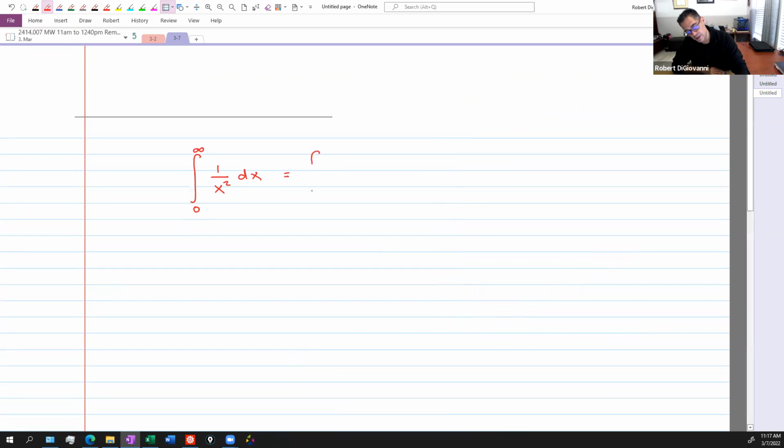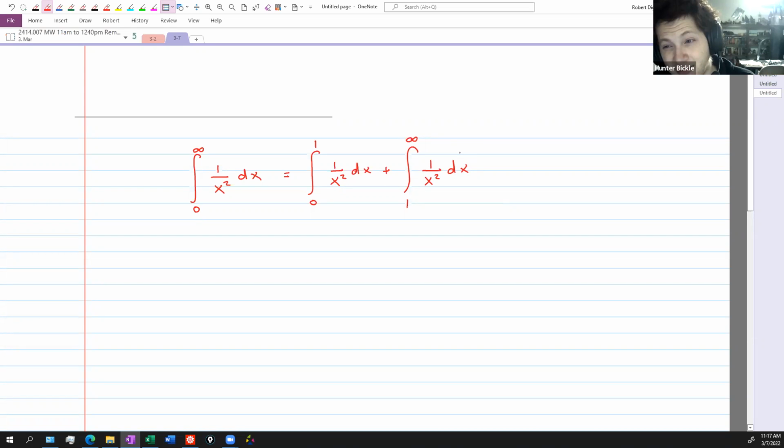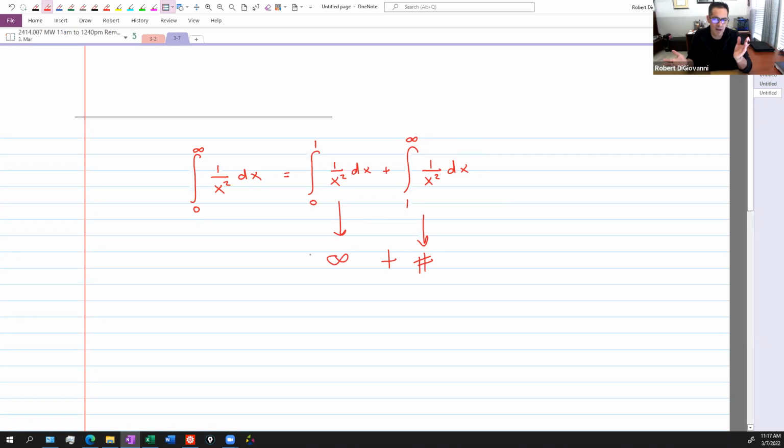You could say this is going to go from 0 to 1 of 1 over x squared dx, plus the integral from 1 to infinity of 1 over x squared dx. This is a number, whatever it is, plus infinity. So the whole thing would diverge. It should make sense. The total area of both of them together is going to be infinite, because just from 0 to 1 is infinite.